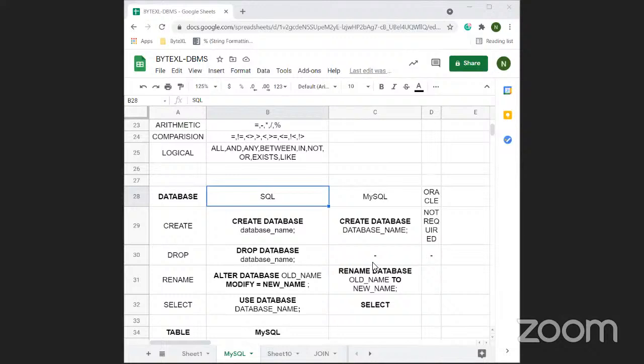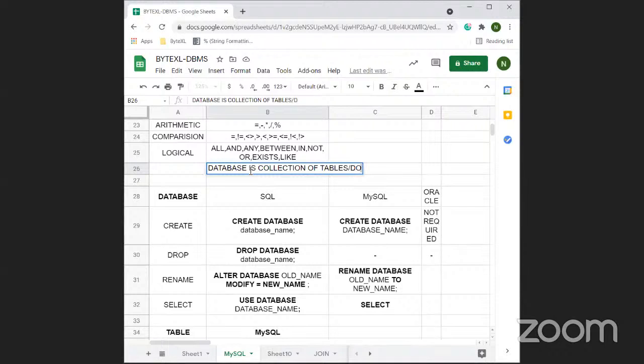Collection of all these records or tables is called a database. So simply, a database is a collection of all the tables or documents, fields, sometimes even collections, we call them collections.